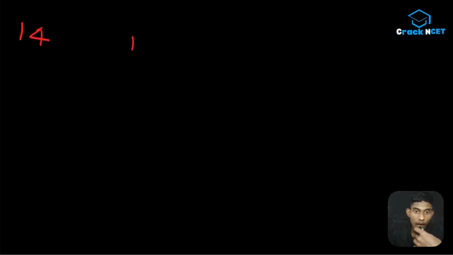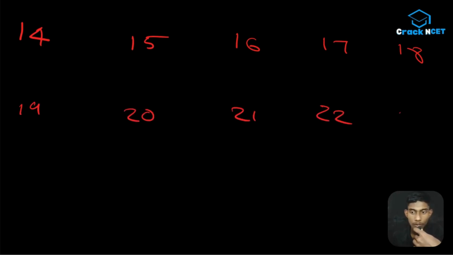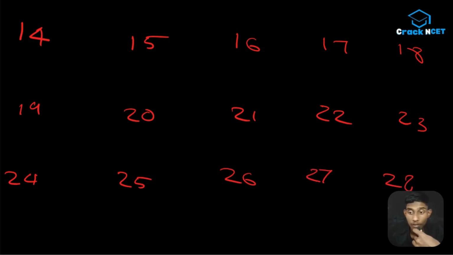You have to write dates like this: 16, 17, 18, 19, 20, 21, 22, 23, 24, 25, 26, 27, 28. 29 is our exam, so you just ignore it.